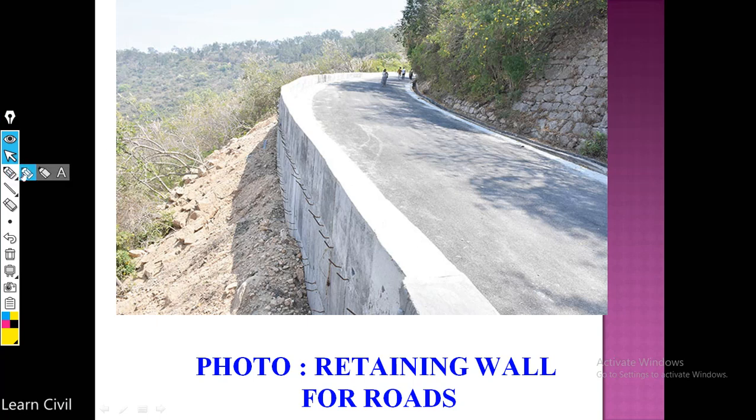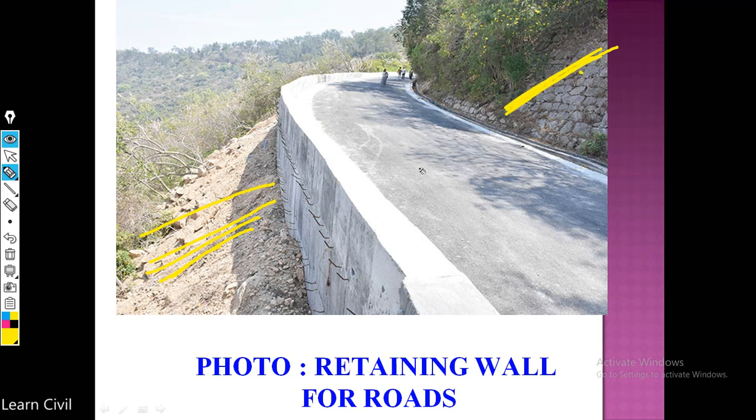You can see in this particular picture some road is being run here. The road is running like this, and you can see the hill slope is there on this side, and at the same time the hill slope is there on this side.